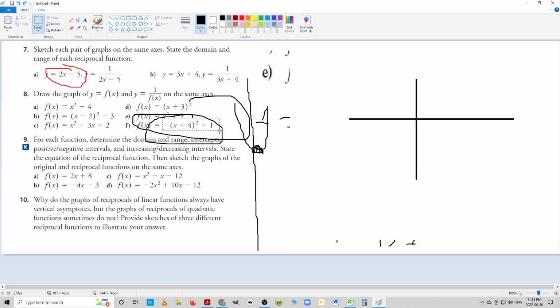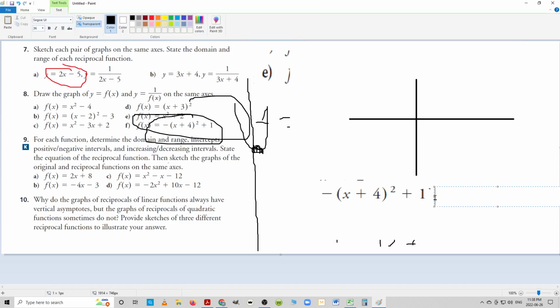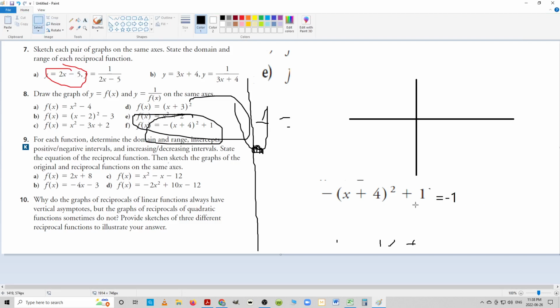When is this equal to 0? Well, we set it to 0. And we do reverse story. First thing, we subtract 1 from both sides. Then notice that the bracket's being multiplied by -1. So when we divide both sides by -1, we get this.